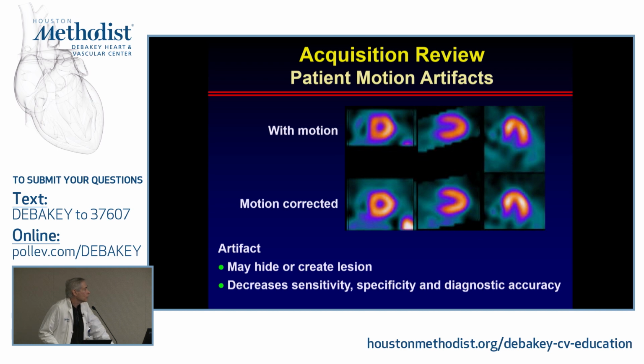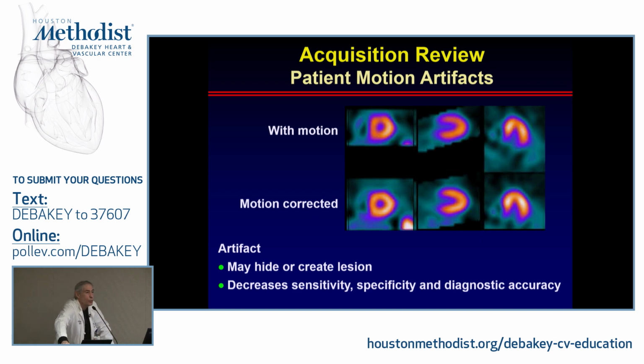Okay. So this is just an example of a patient with motion and where motion was corrected. And you can see on the top, there's actually an anterior perfusion defect, which when you then correct for motion, is completely gone. Now, I am not a fan of motion correction.